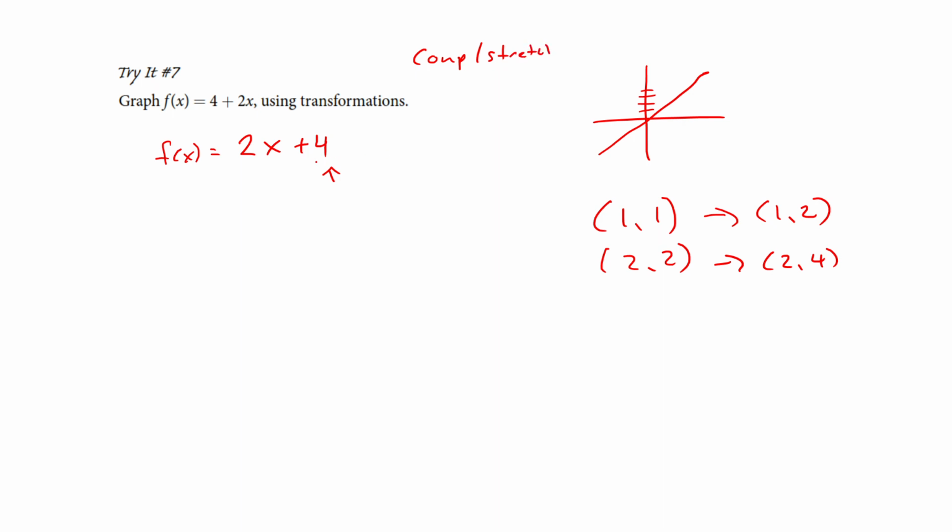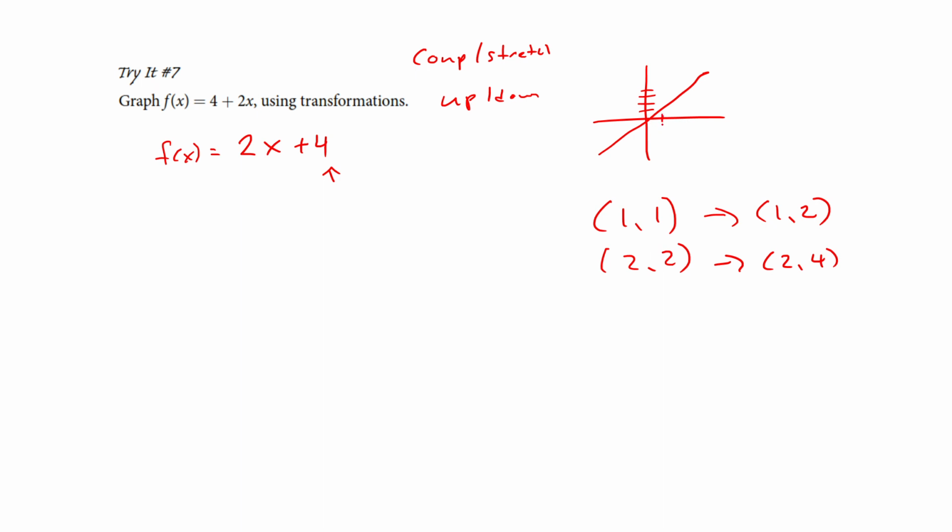I'm just explaining this, but this is not something I would expect in this chapter. If you're doing this in order, then you do the ups and the downs last. Here are my original points from the identity function. I am multiplying all of those y values by 2. Once I have that new line, which has been stretched, I would then move it up.